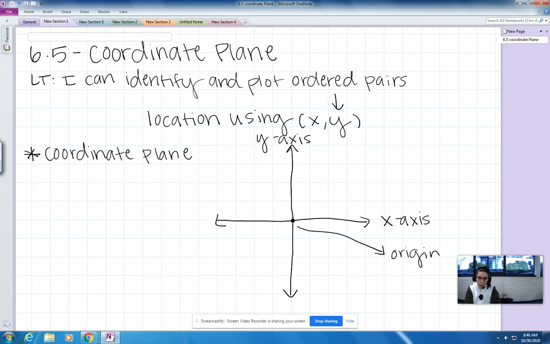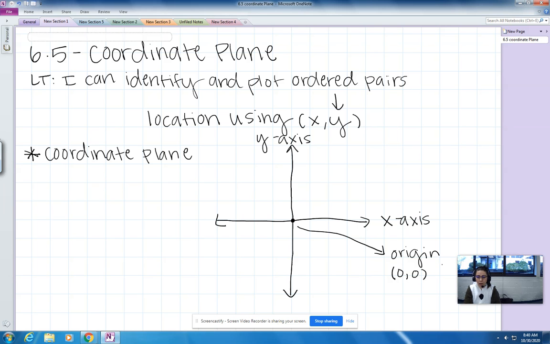The location of the origin is 0, 0. That is because its x value is 0. We haven't moved on the x-axis at all. And its y value is 0. We haven't gone up or down on the y-axis at all, so y is 0. Okay? So the center point is called the origin. Its ordered pair is 0, 0.